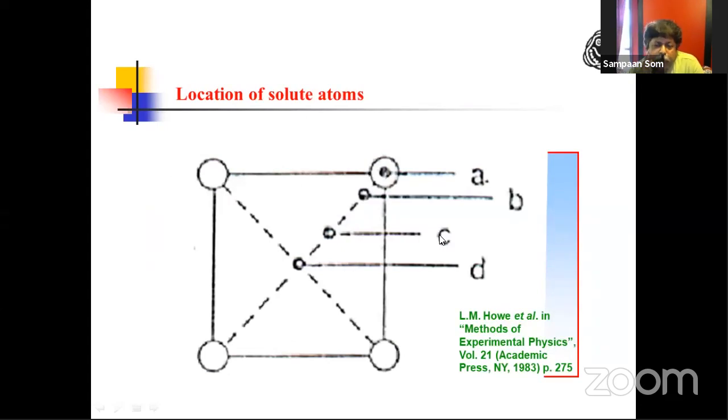And employing this technique, you can also find out solute atom positions, the location of solute atoms, whether they are self-interstitial, or the impurities are sitting in interstitial or substitutional positions or are a little displaced, etc., depending on the signal that appears during the channeling measurements. You can decide exactly where the atoms are located. Okay, next slide, please.